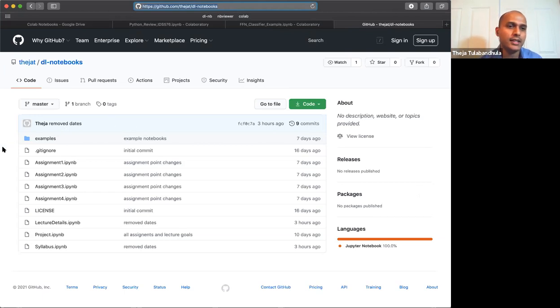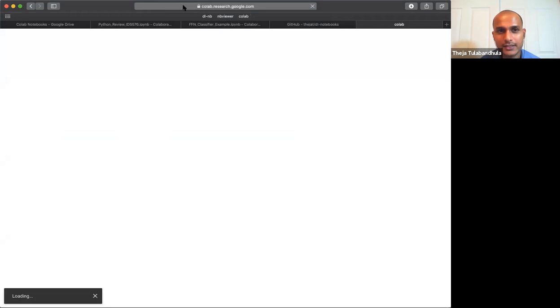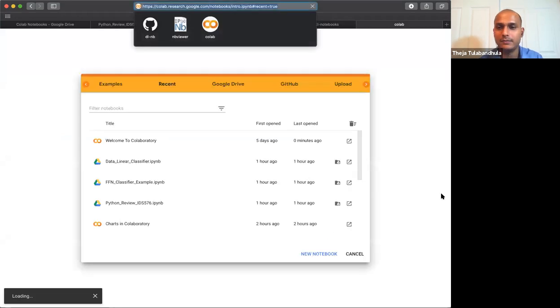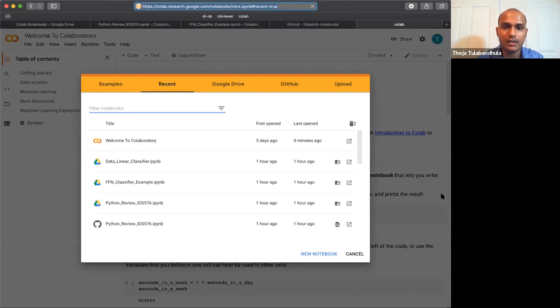Here is the GitHub link. I can open a new tab and go to Colab, which is just colab.research.google.com, so that you don't have to do anything on your local machine to try out some of these things.